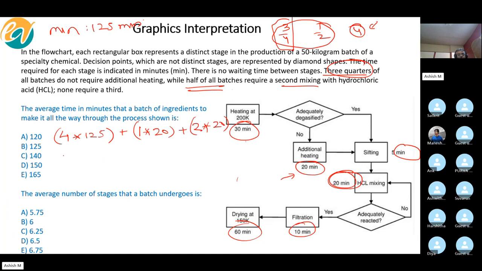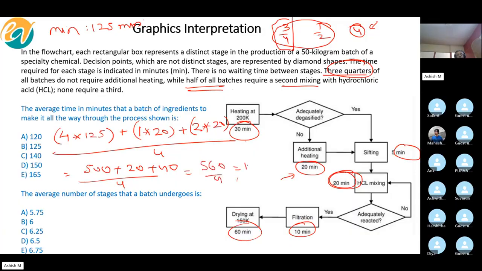So this is the total time required for 4 batches, divided by 4, which gives you the average. By the way, how much, guys? 500 plus 20 plus 40 divided by 4, which would be 560 divided by 4, which is 140. So that's the answer.